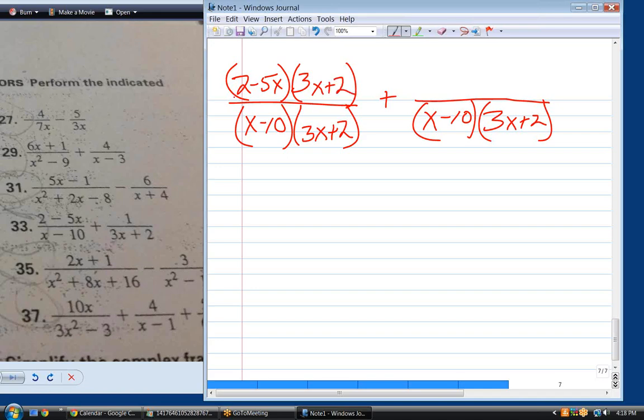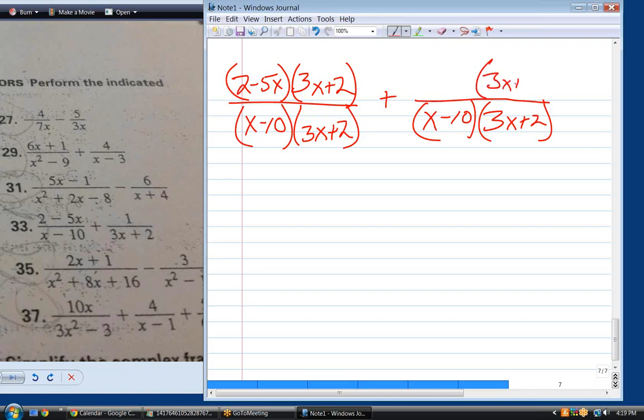Because when you write it like this, where everything hasn't been multiplied together yet, then you can see right off that I can cancel that with that, and I have exactly what I started with. And that's the key, is to make sure you do not change the value of that fraction. Whenever you're finding common denominators, that's vital.